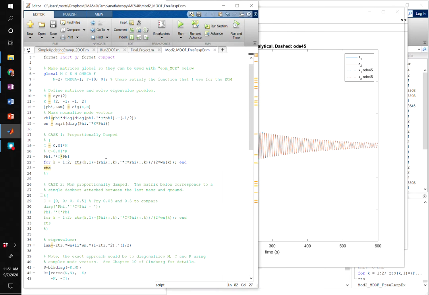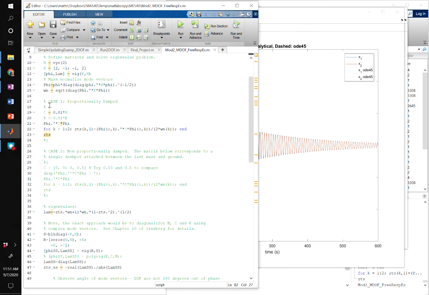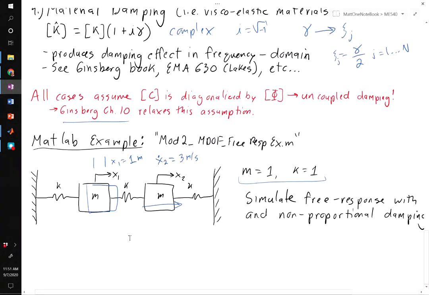Okay, so what happens if we change this and we make the system non-proportionally damped? Here I'm using this C matrix, which, if we go back to our picture, is basically like attaching a dashpot between mass 2 and ground.